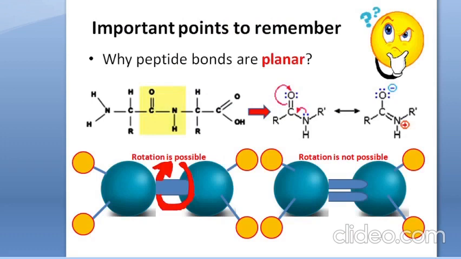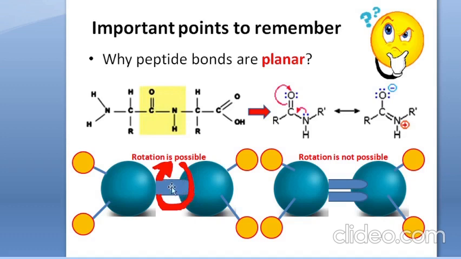The second important point to remember for entrance examinations is that peptide bonds are planar. In this diagram, I'm showing you two spheres connected with one stick. Obviously, if two spheres are connected with just one stick, then rotation around this stick is possible.